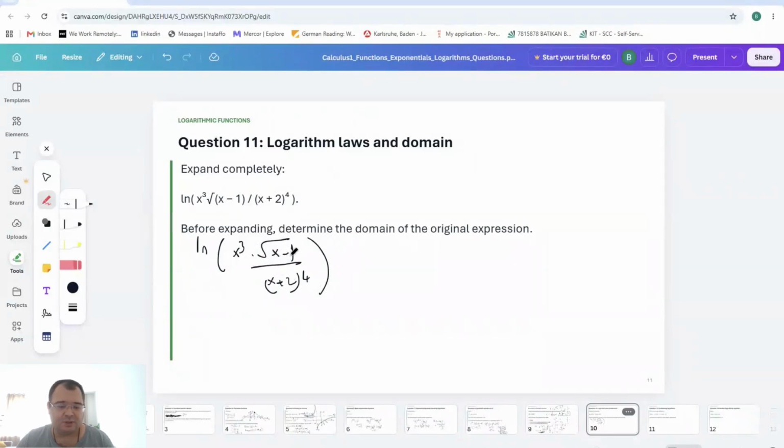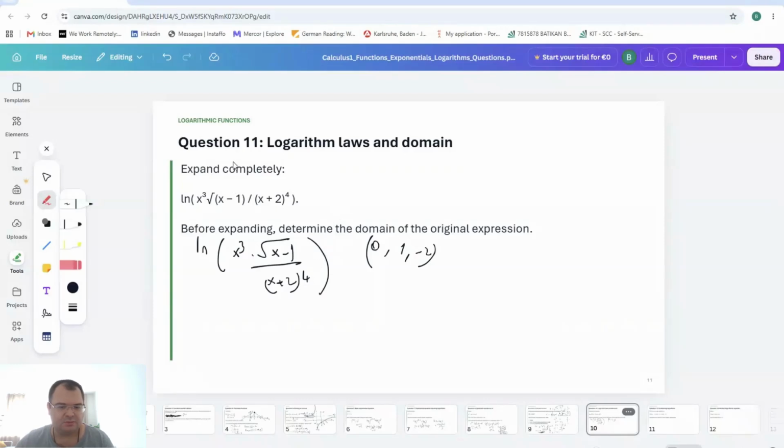Inside of the square root cannot be negative, so x cannot be smaller than 1, and the denominator cannot be 0, so x cannot be minus 2. So you have special values here: 0, 1, and minus 2.